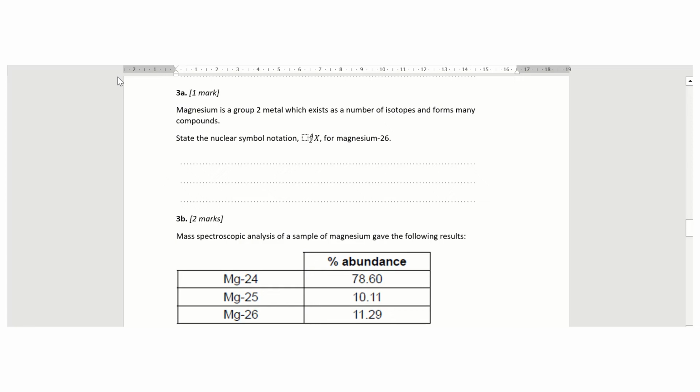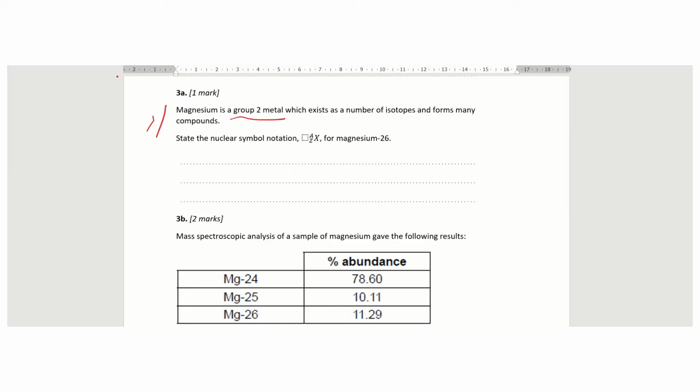Moving on to the next set of questions. Magnesium is a group 2 metal which exists as a number of isotopes and forms many compounds. State the nuclear symbol notation XAZ for magnesium 26. As I keep saying, you need to make sure that you know how to break apart the information you're given in the introductory statement as well as the question. So here it's telling you that magnesium is a group 2 metal.